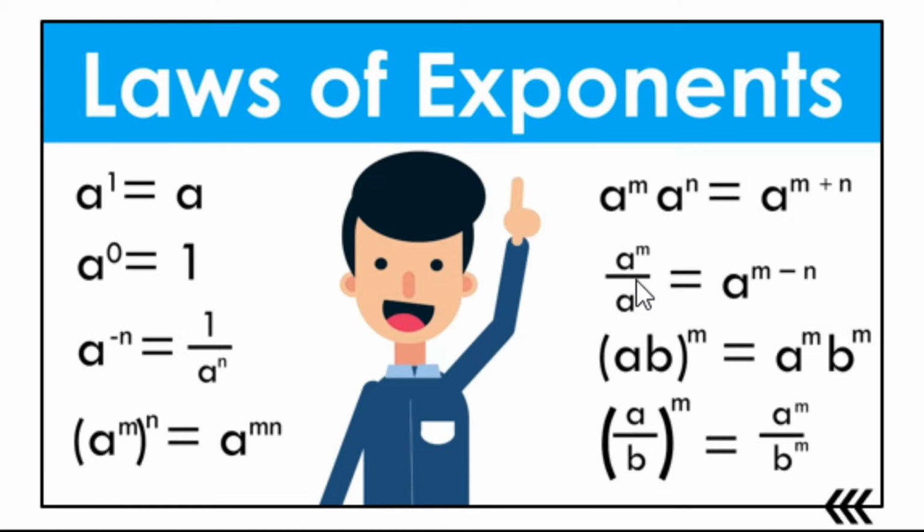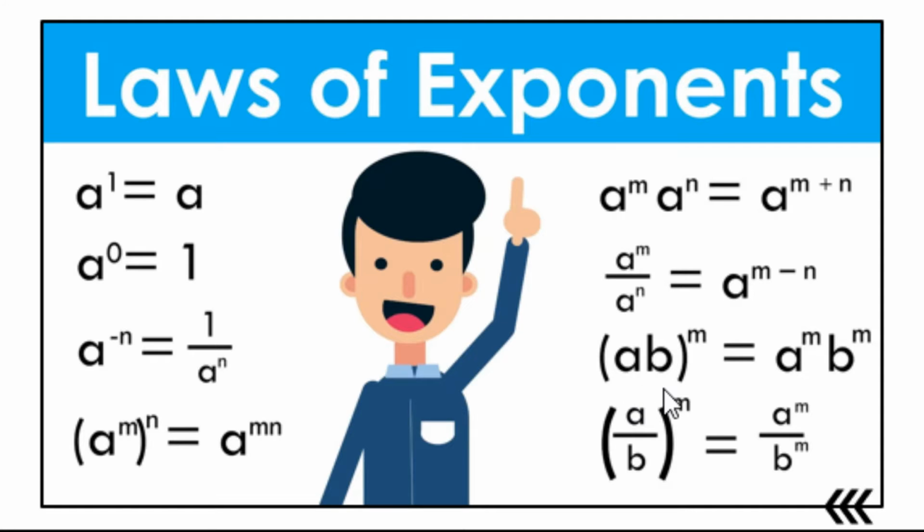Next, if we have a raised to m over a raised to n is equal to a raised to m minus n, or it simply means that when you divide numbers with the same bases, you just copy the base and subtract the exponents.